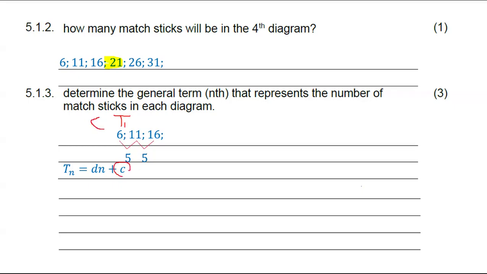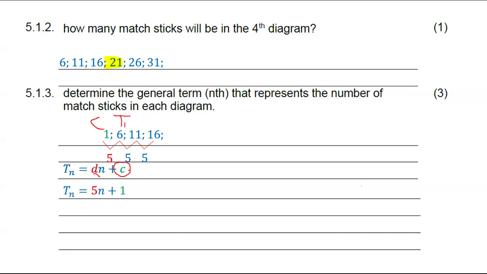Already we have d. d is 5. So to find the term before the first term, I take 6 minus 5, which gives me 1. Therefore, to find the general term, where there is d, I will substitute 5, and where there is c, I will substitute 1. And that's how I will get my general term, or the nth term.